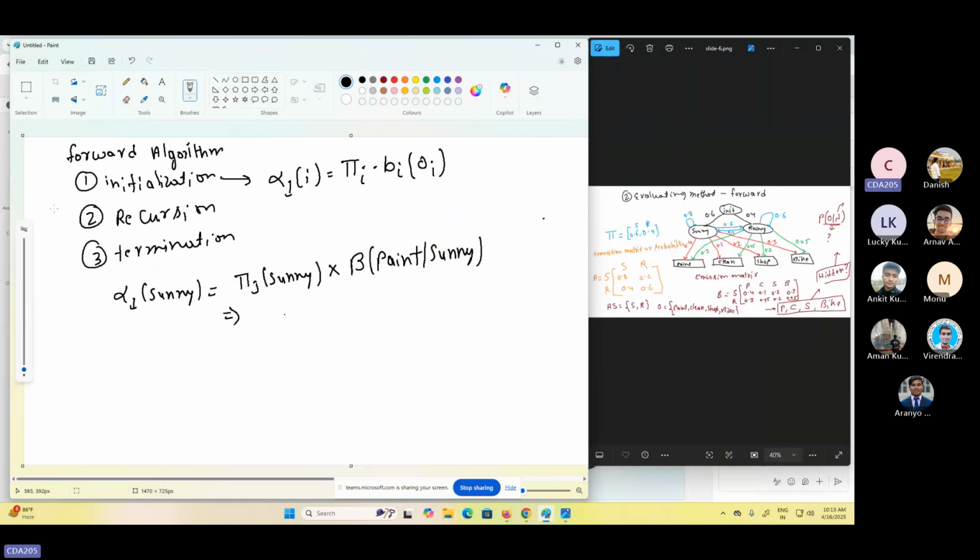So what will be the value? 0.6 into 0.4 is equal to 0.24. Similarly, we can find it for rainy.